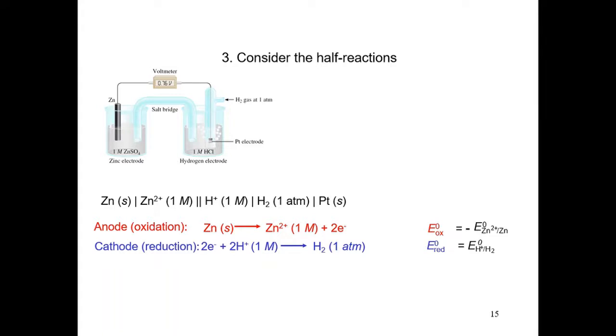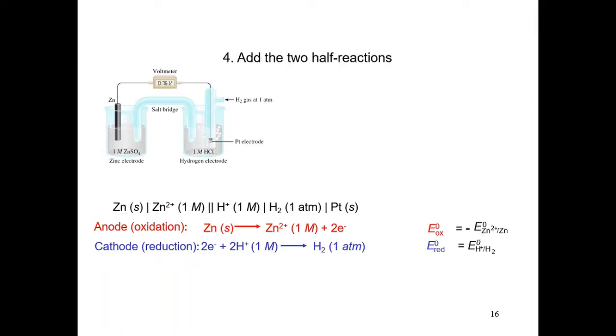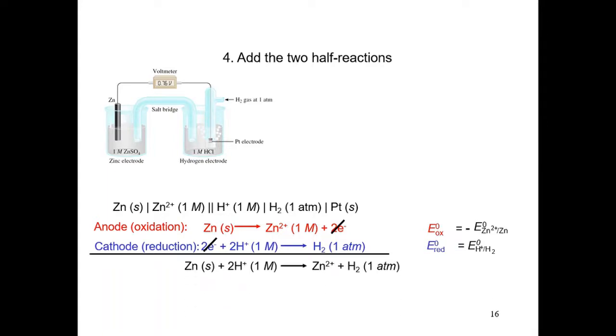That is exactly what the standard hydrogen electrode is, right? So let's consider now the two half reactions and let's add them up. As you can see, the electrons are going to cancel out, and so we end up with the sum of these two reactions, giving us zinc metal reacting with hydrogen ions to produce zinc ions and hydrogen gas.